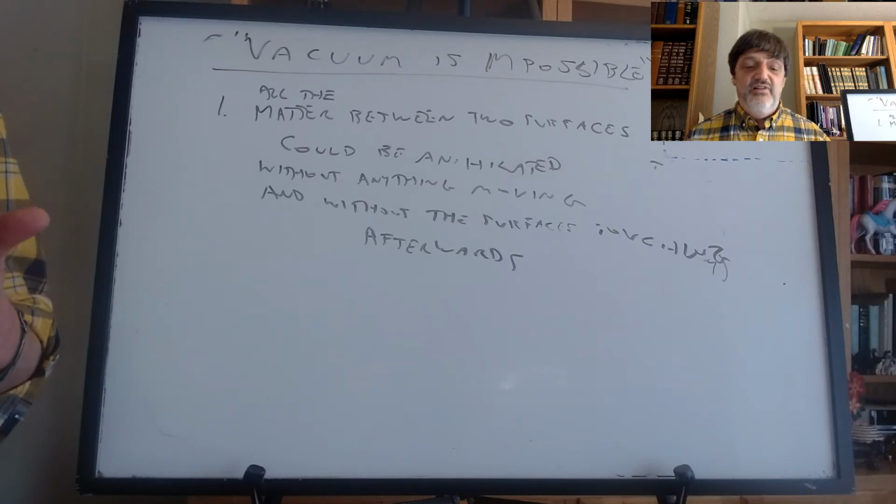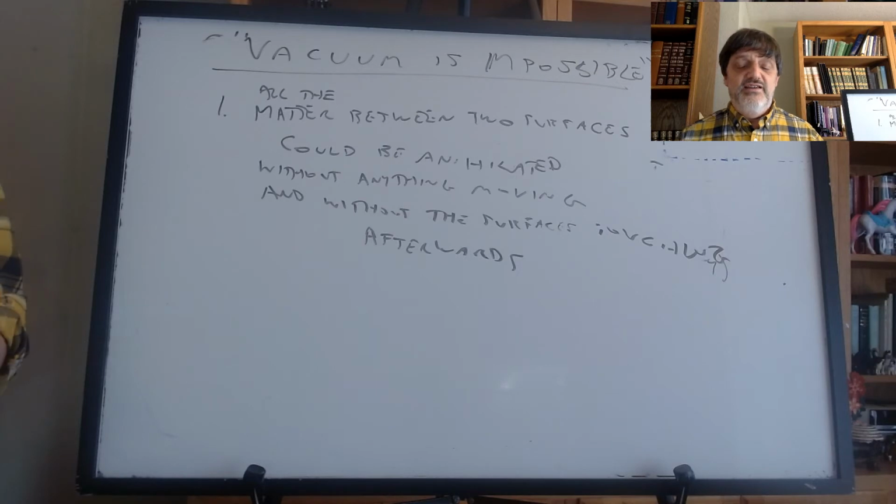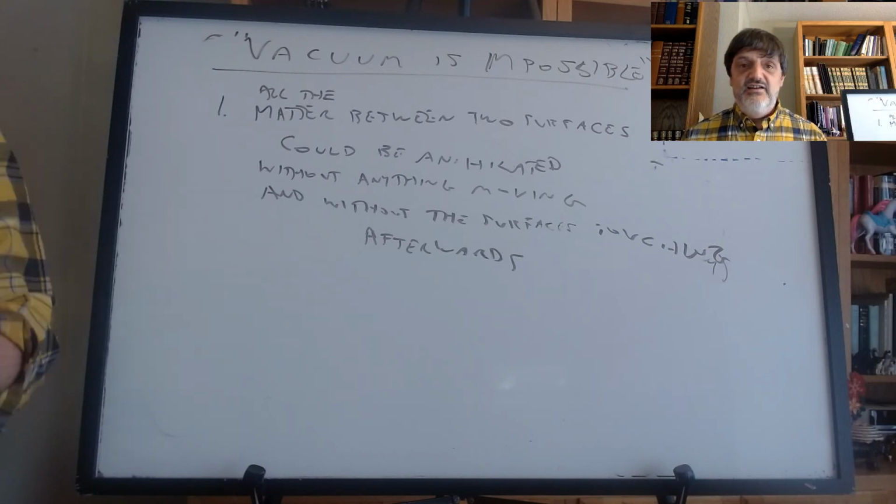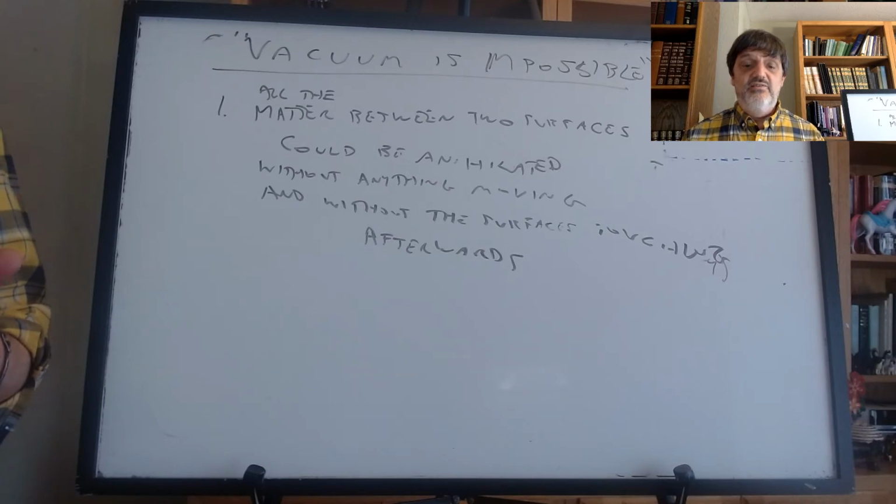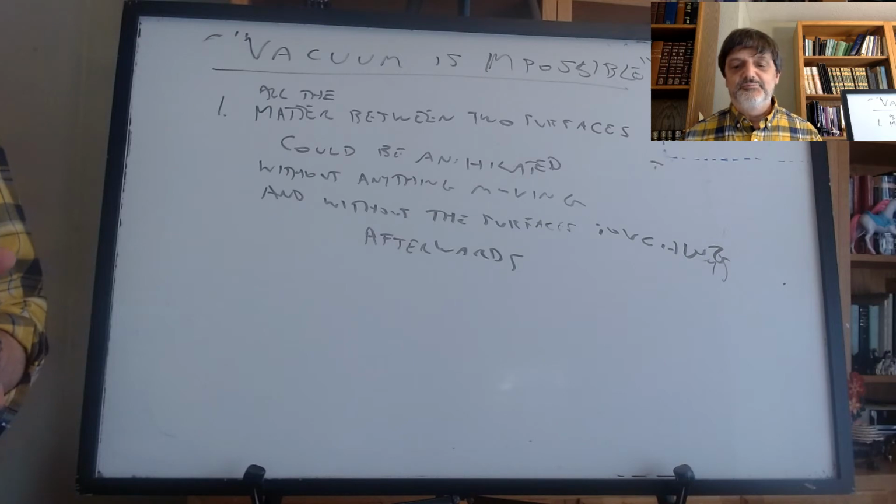It's conceivable, right? So we can form an idea of the air being annihilated and the walls and ceiling and floor of the room not moving. And afterwards, the walls don't touch each other, the ceiling and floor don't touch each other. Right?